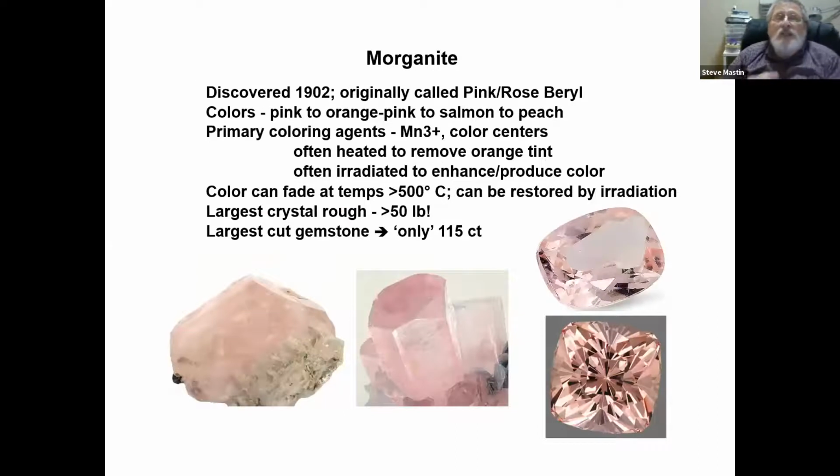All right, here's another one that's even sketchier than the yellow beryl, and that's morganite. Discovered at the beginning of the century, originally called pink or rose beryl, but it actually comes in a whole range of colors from the light pink all the way to a beautiful peach.